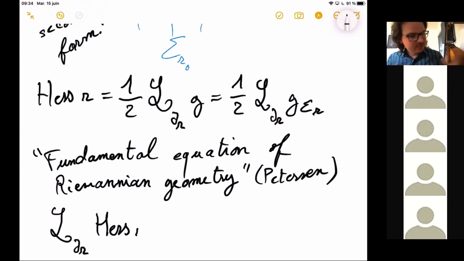There are a lot of ways to see that, and we'll see that afterwards. Okay, so where am I? Okay. There are other versions. You could prefer using the covariant derivative instead.